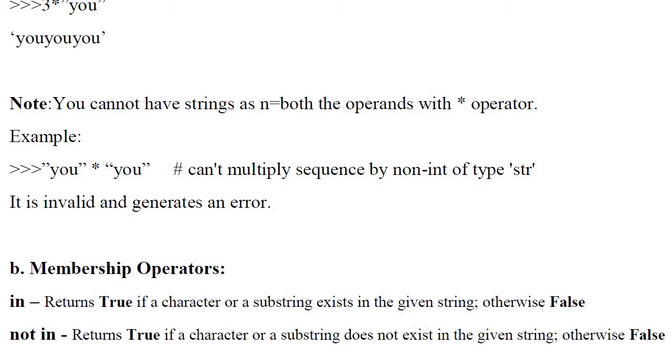What is a membership operator? In membership operators there are two operators. First one is in and second one is not in. In means it will return true if a character or a substring exists in the given string. Suppose I write the word computer, and if I say that o is in computer, it will return true, and if o is not present in computer, then it will return false.